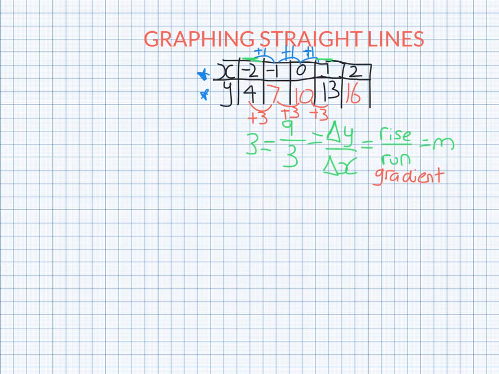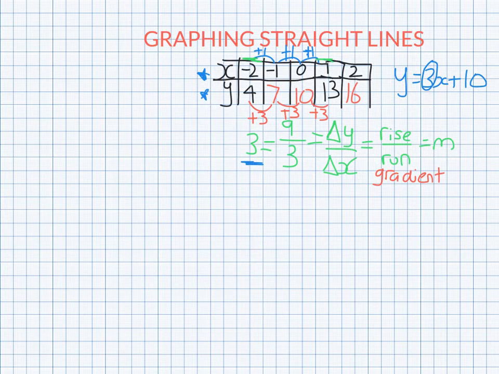The relationship between x and y here can be stated as an equation. Here, y equals 3x plus 10. It's no coincidence that this number here, 3, is the same as this one here.